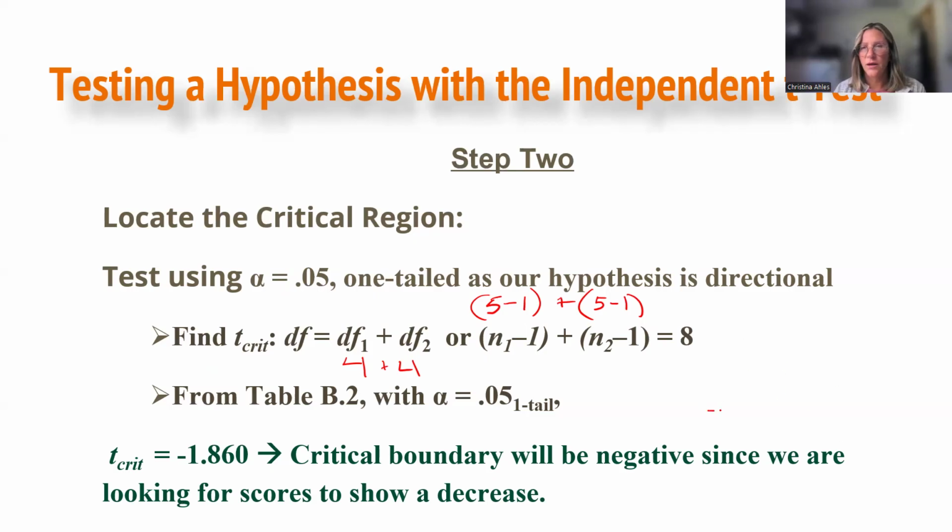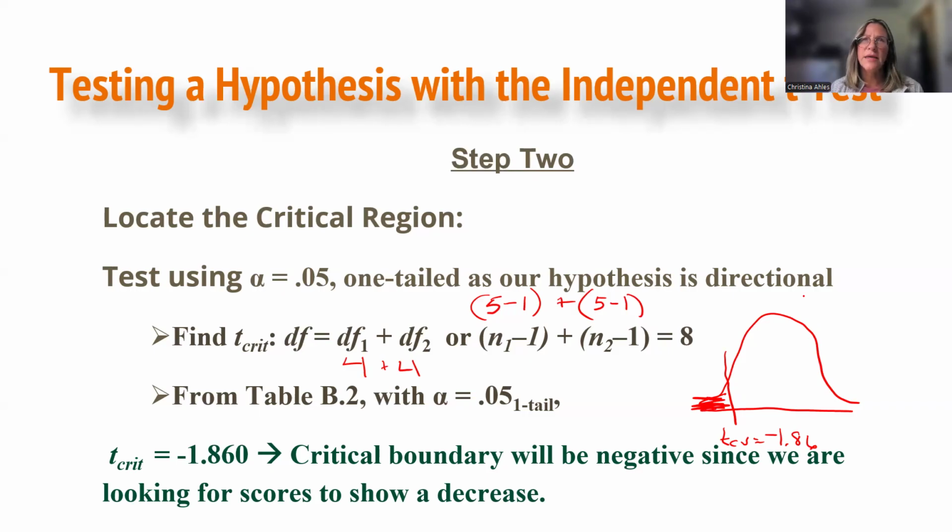A nice way to visualize this is here's your distribution, and right here is our boundary, which is negative 1.86. Anything beyond that is significant.